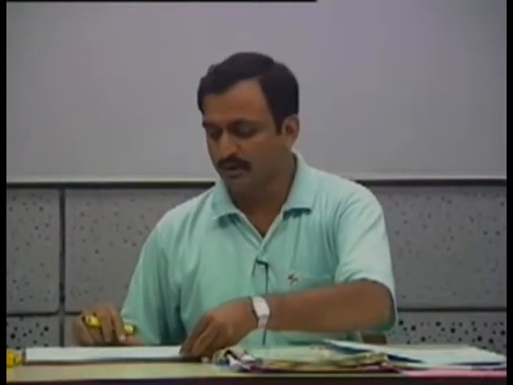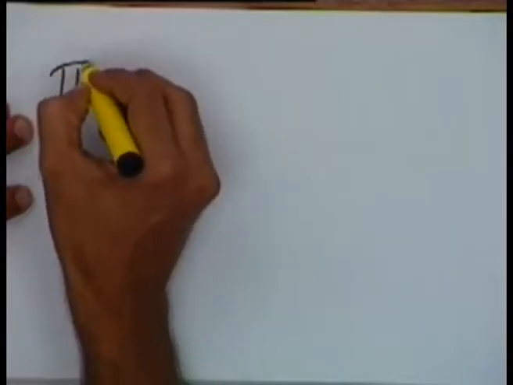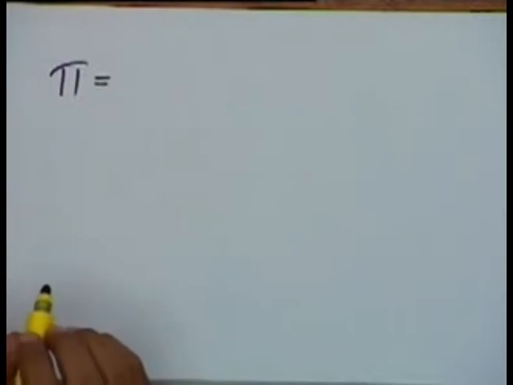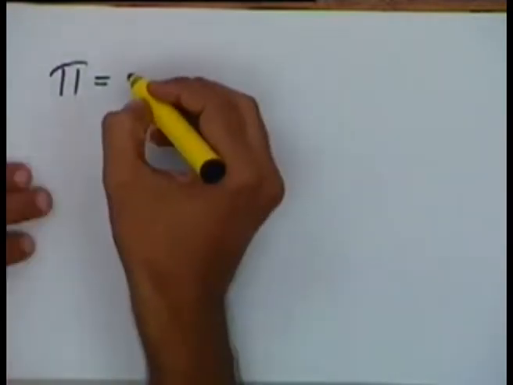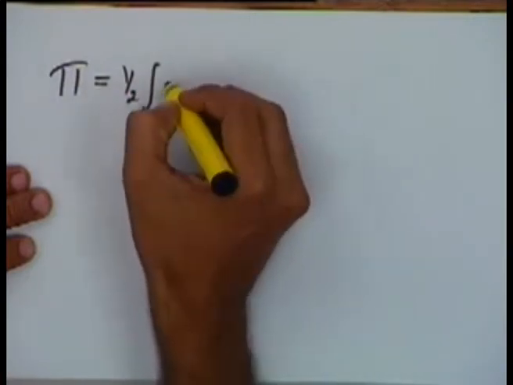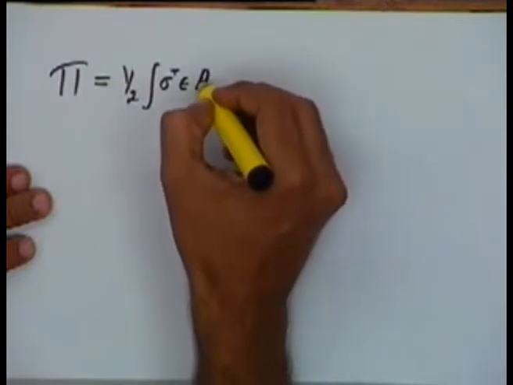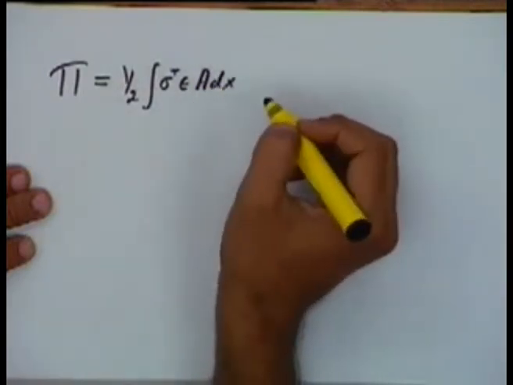then we will now try to derive the expression for the potential energy in this object. In this body, the potential energy expression, the total potential energy Pi, we know is equal to half of the volume integral of sigma transpose epsilon dV. dV will become A times dx.